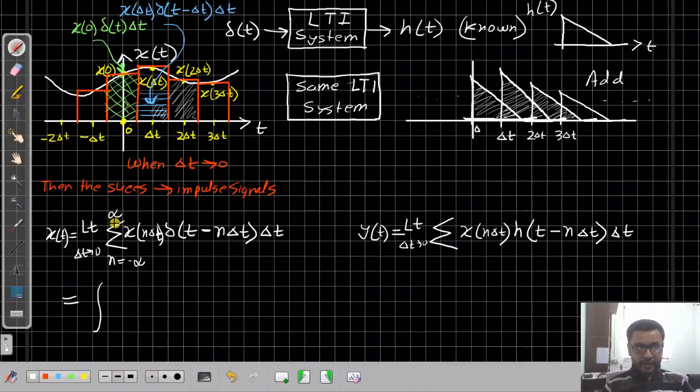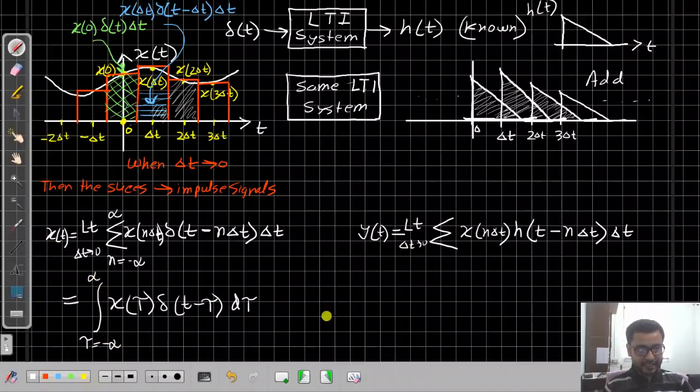We have already seen this trick before. So this becomes x of, here I will use a dummy variable tau, then delta t, again the same dummy variable tau multiplied by d tau, and integrate over tau from minus infinity to plus infinity.